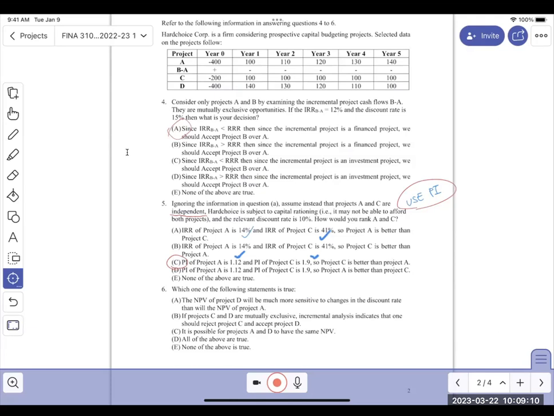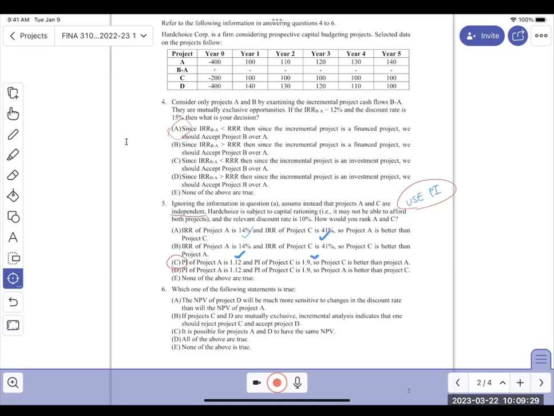So my suggestion was that you want to, I think C's would be rejected and D's should be accepted, okay, because of the cash flows.